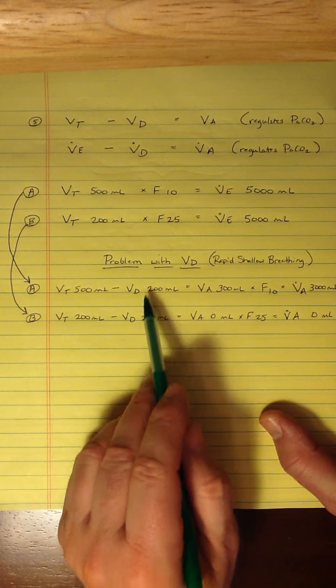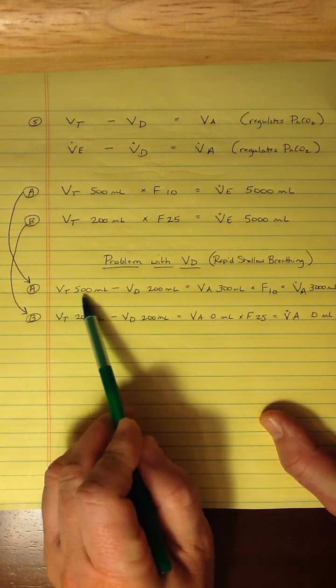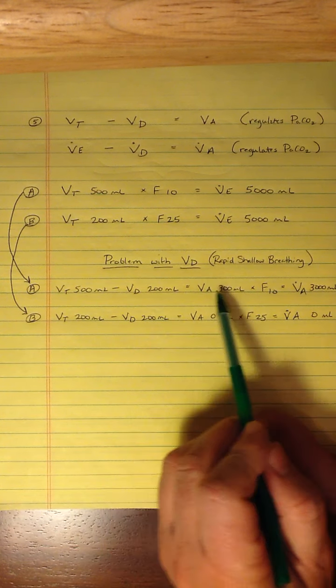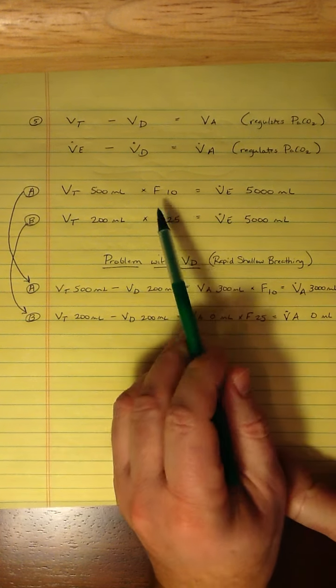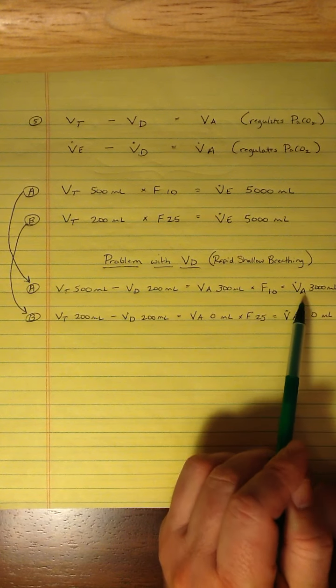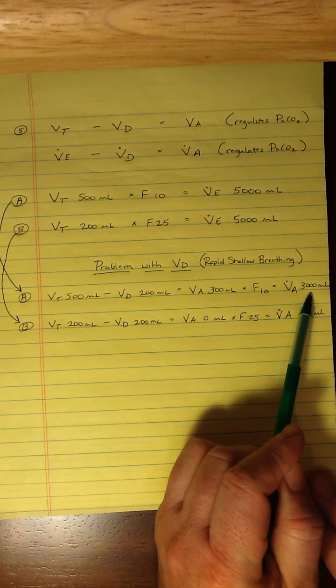Assuming that each of these two patients has the same dead space volume, patient A with a total volume of 500 minus the dead space of 200 would give an alveolar volume of 300. Remember, they're breathing at a frequency of 10, so alveolar volume times frequency gives alveolar ventilation, which is 3,000 milliliters.